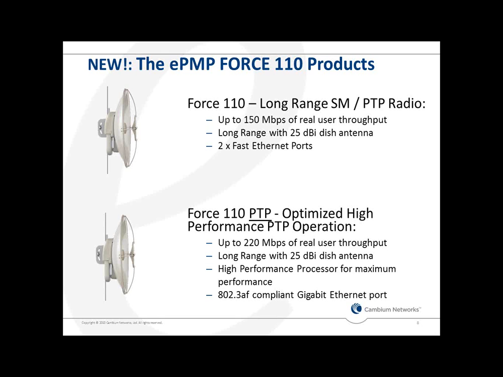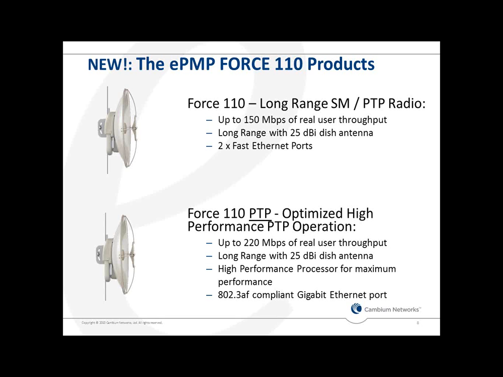And that radio is most often used as a long-range SM device or point-to-point radio. It supports 2 fast Ethernet ports, and because it has a fast Ethernet port, the throughput limitation is 150 megabits per second.